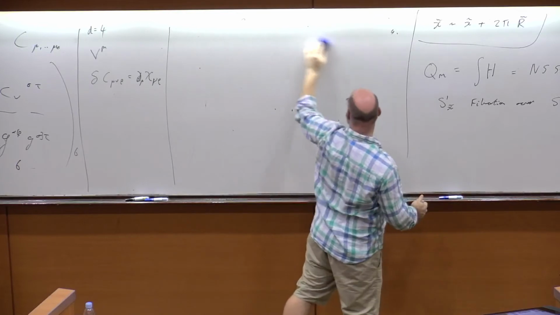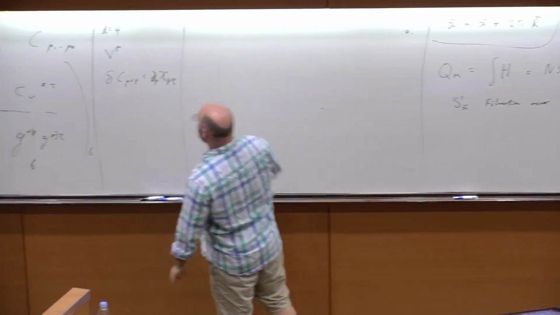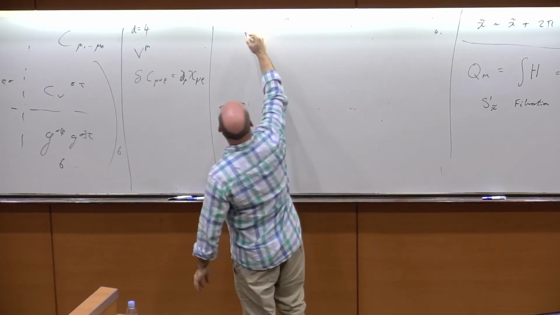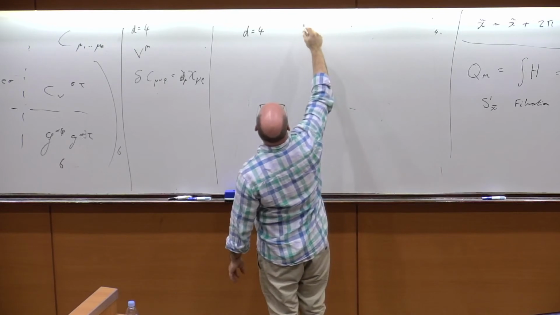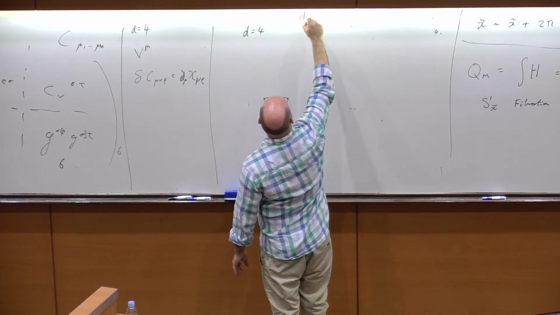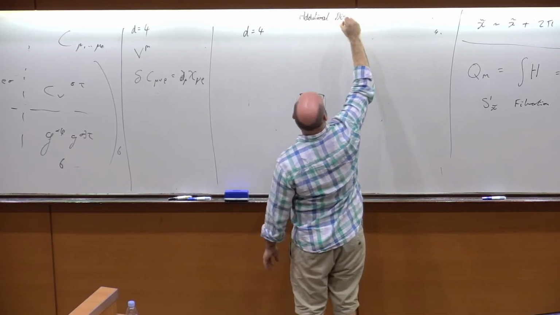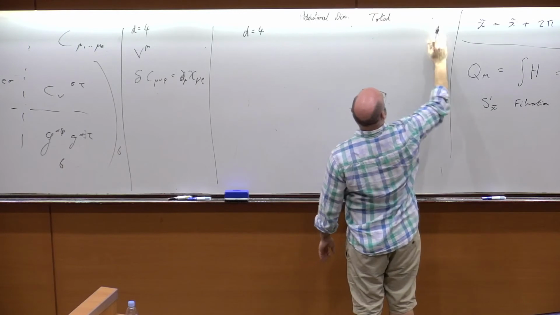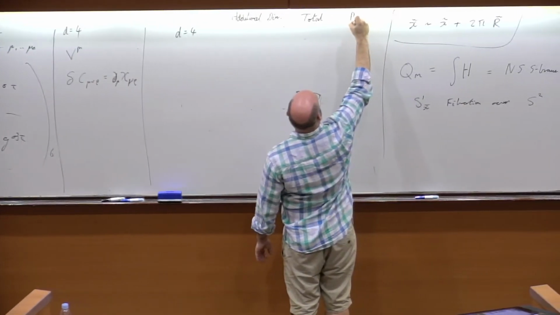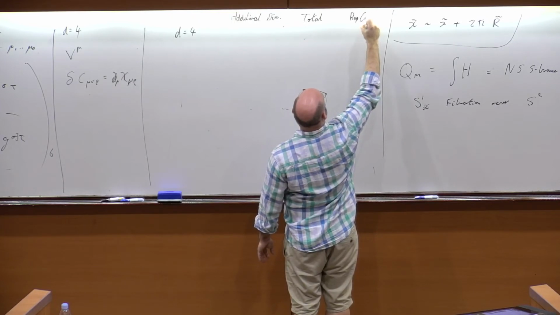You can work out an action for this thing that will reduce in the appropriate way. And so let me just write down here, D equals 4. And then I'm going to put here additional dimensions, total, and then rep of what group.